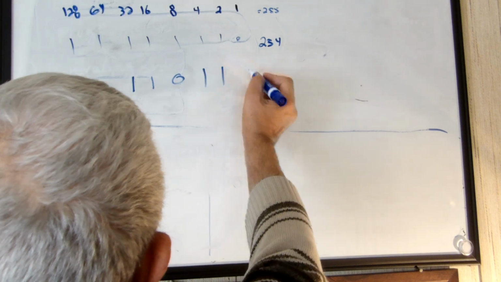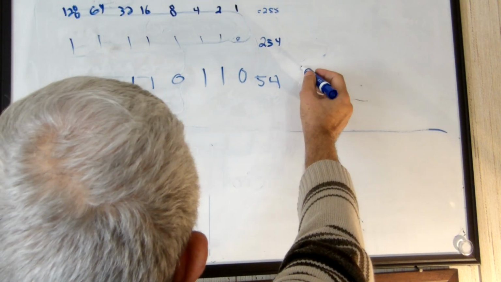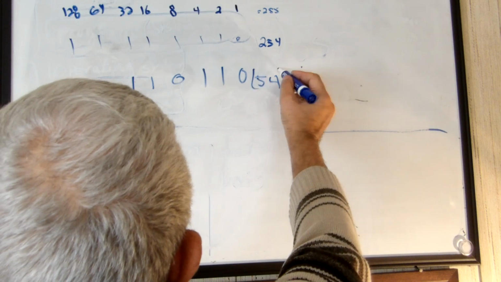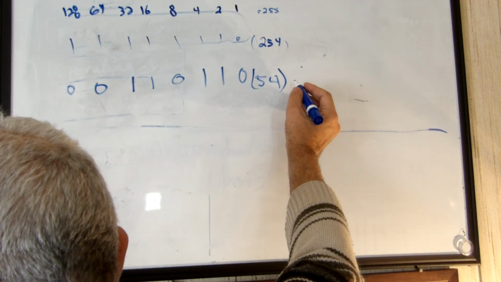Then 4 plus 2, it's going to be 54. That is how you convert numbers to binary. And then you say 54 in a binary number.